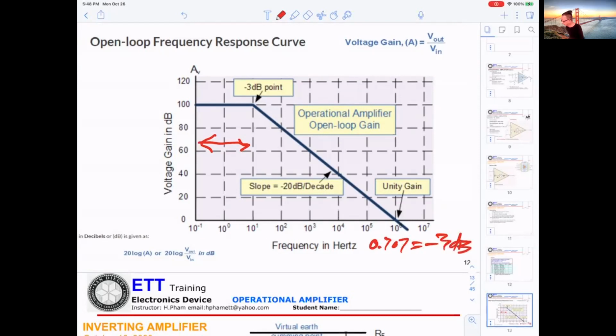So now if you get minus 20 dB, going down, the number will be 0.1. Now you just take 20 log of 0.1. What do you get? Yes, it's negative 20.